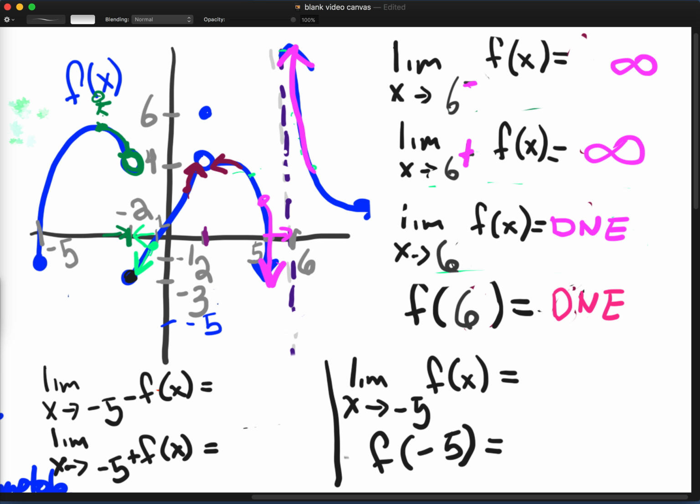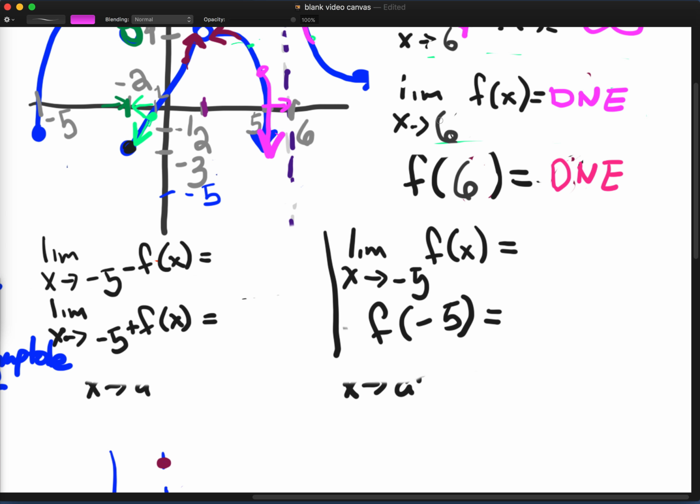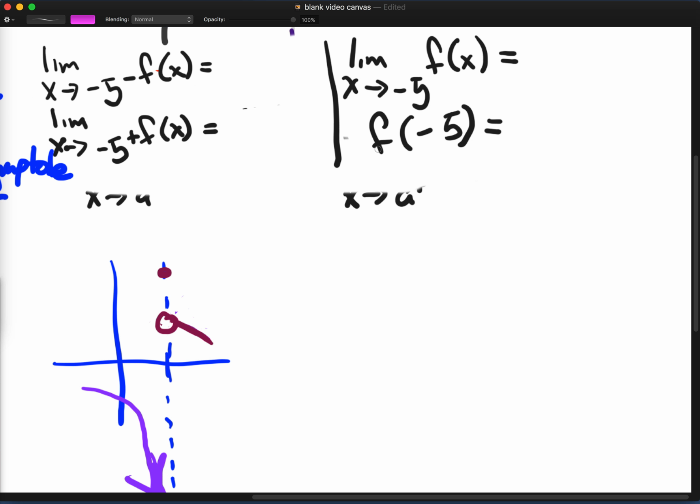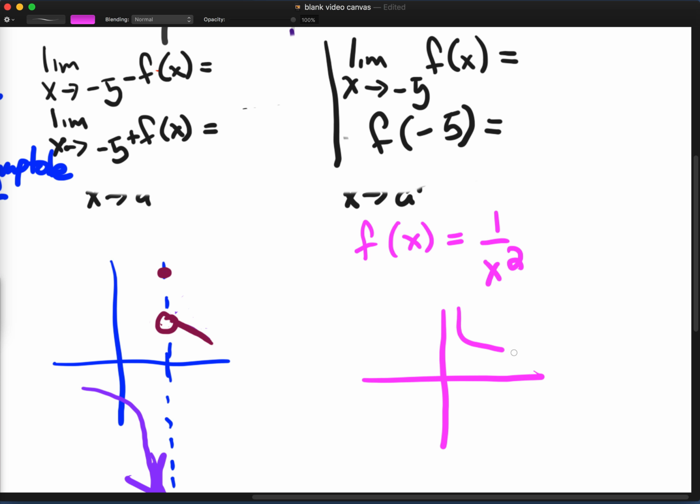So a simple example of that is, say, this function, 1 over x squared. So what does that look like? It looks pretty similar to 1 over x on this side. But then what about left of 0?